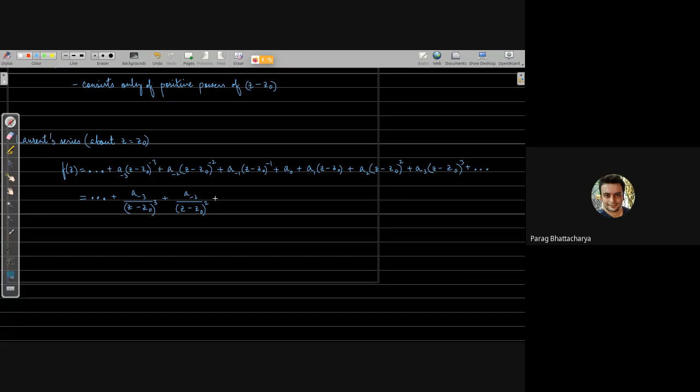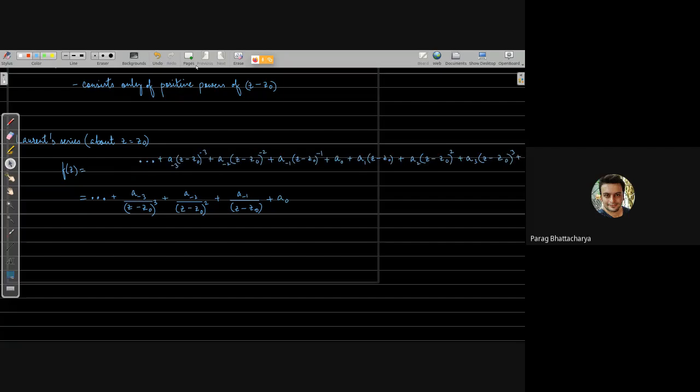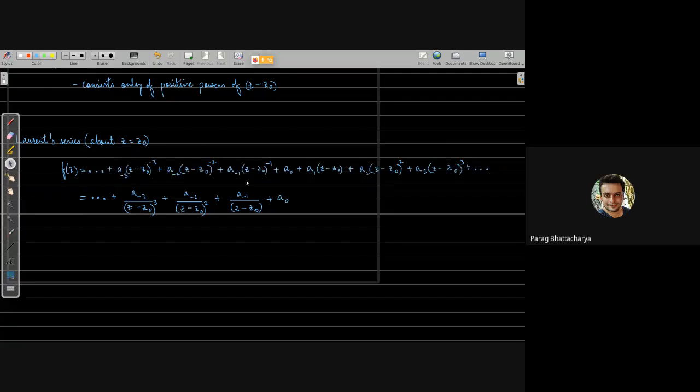Then we have a minus 1 over z minus z naught. Then we have a naught, and so on. The rest of this just follows from the Taylor series.